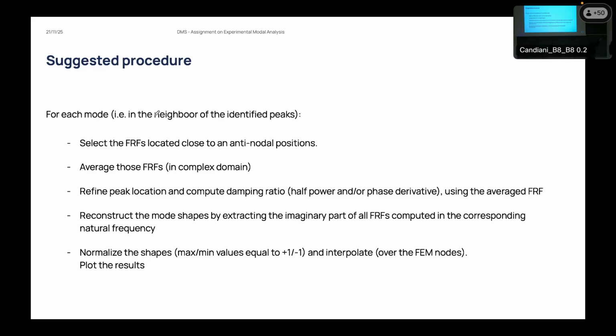Because the first mode will be something like this, so it will be excited. Nothing over the second, because the second won't be excited at all.